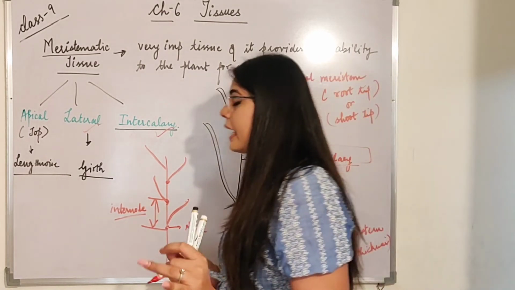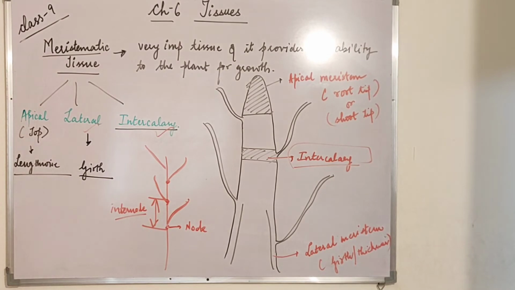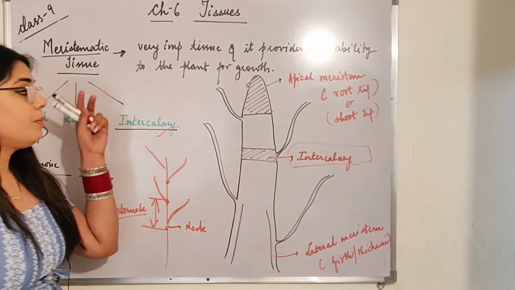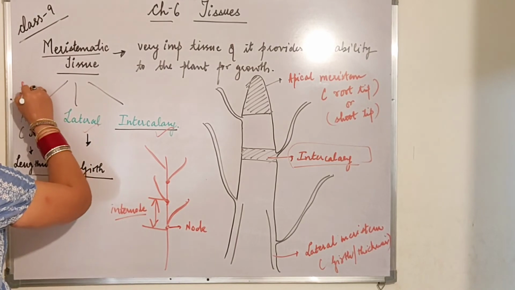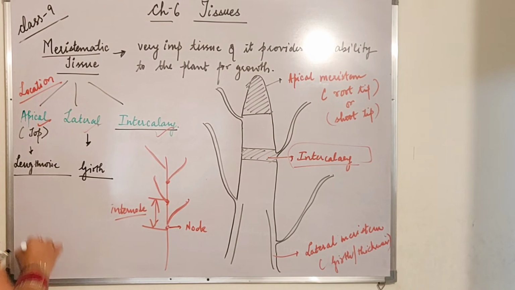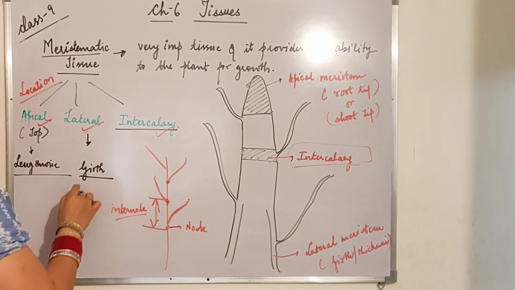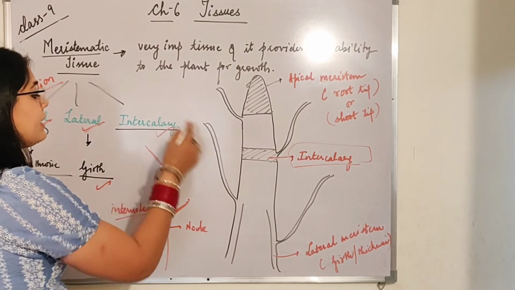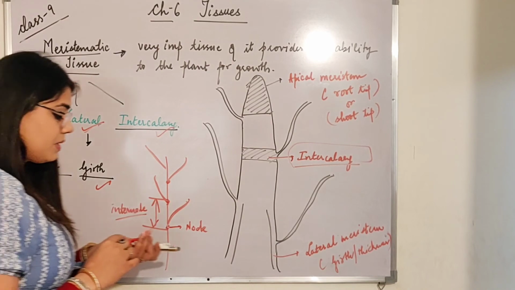So the three parts I have explained to you very clearly beta, the apical, lateral and the intercalary meristem. Basically they help in the growth of the plant, but these three parts are based on their location, where they are located. Apical is present on the top, root tip, shoot tip. Lateral is present on the sides, that will help in increasing the thickness or girth. Intercalary is present between the node and the internode, and this is how it is helping in the growth of the plants.